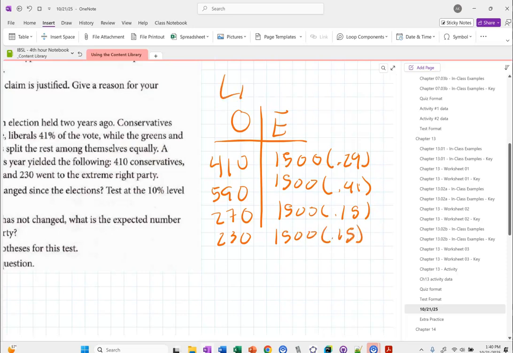So this is L1, that's L2, and then I do my goodness of fit test in my calculator. Is that what you needed? Yeah. Uh-huh.